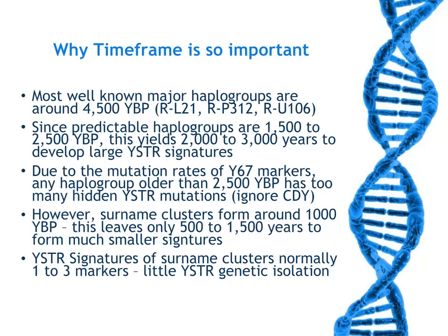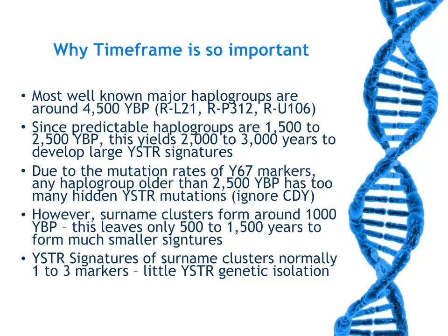These are all well-known, very large haplogroups, and you look at the modal values, which are the most common values, and use that as a starting point. Predictable haplogroups fall in a much younger time frame of 1,500 to 2,500 years before present. That gives you between 2,000 and 3,000 years to develop a good YSDR signature.